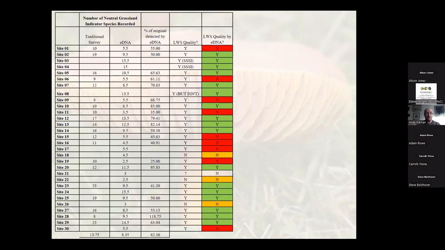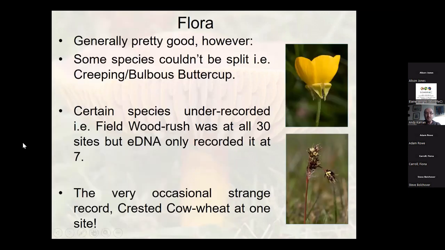For some of the sites, we didn't get quite enough species with eDNA, but even then it would demonstrate that the site certainly had quality, so it would be worth surveying. So if you could just send volunteers out to collect soil samples, and if they came back showing it was good and species rich, then maybe the botanical expert could go out and survey in more detail.